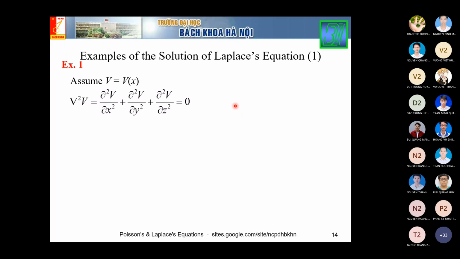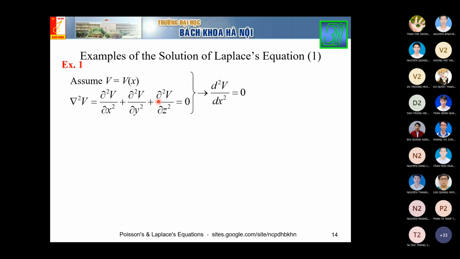But because V depends only on x, not on y nor z, the two terms here, this one and this one, will be 0.